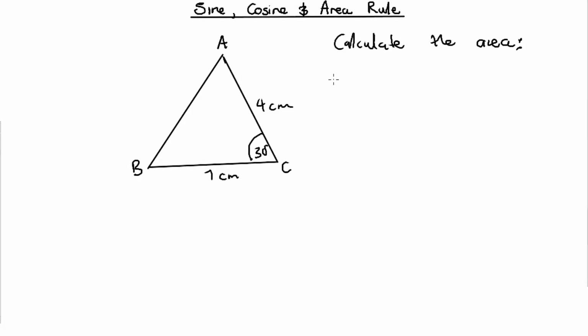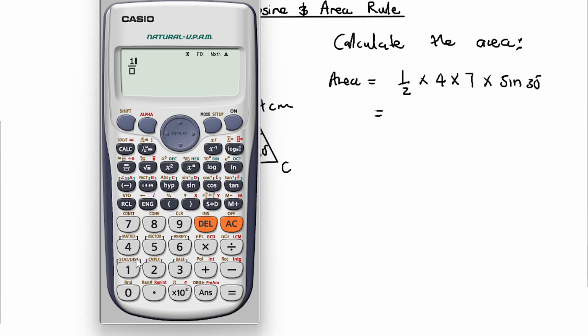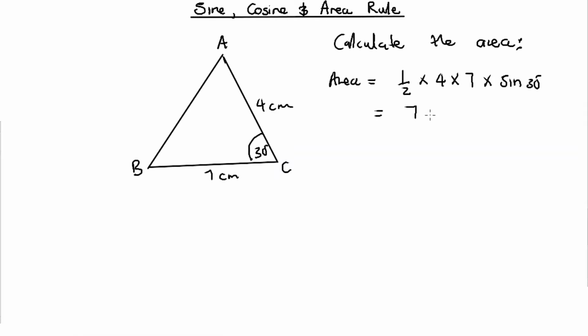Area is equal to half of 4 multiplied by 7 multiplied by the sine of the given angle, which is 30 degrees. So it should be 1 over 2 multiplied by 4 multiplied by 7 multiplied by sine 30 degrees. Answer, it's 7 centimeter squared.